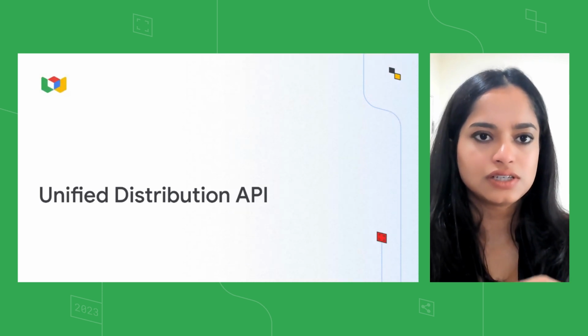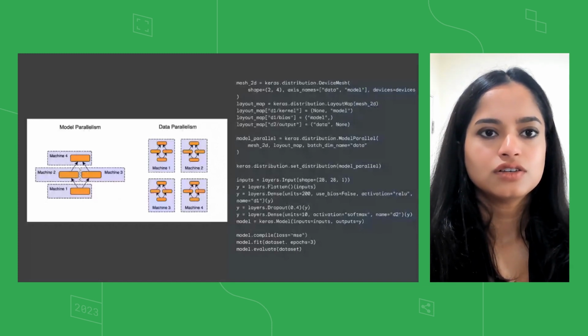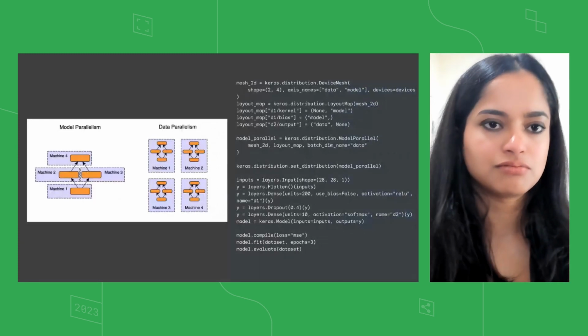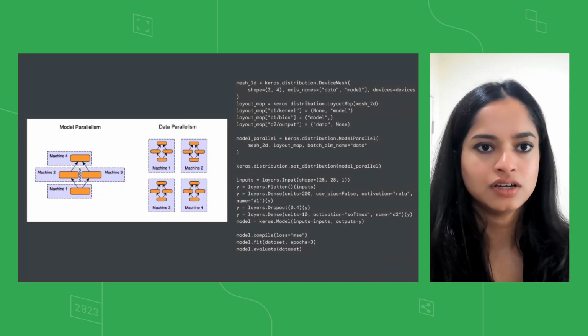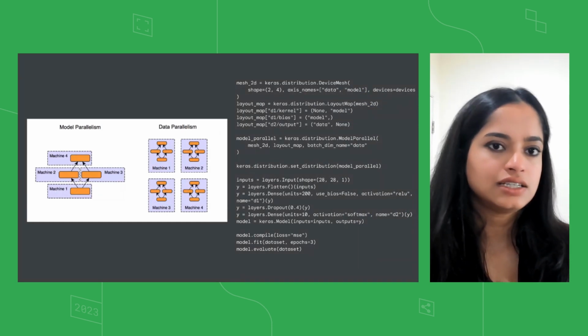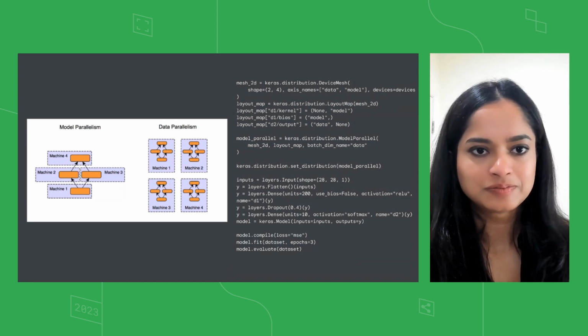So let's look into this more in detail. There are various ways to take advantage of multiple accelerators, and the most common ones are data and model parallelism. You should be free to choose any distribution strategy without changing the underlying model structure.